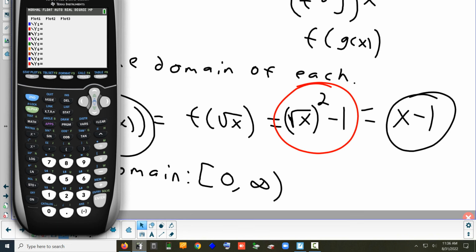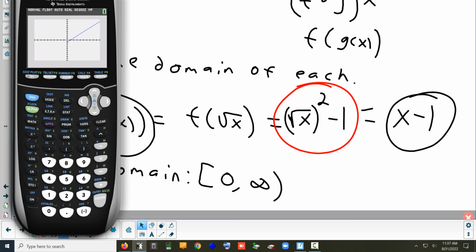So if you type in parentheses, the square root of x, and square it, the calculator knows that you had a square root there that canceled out. And then do a minus 1. If you hit graph, see how it's a line, but it doesn't go past 0? Because the calculator knows the domain is only 0 and to the right.